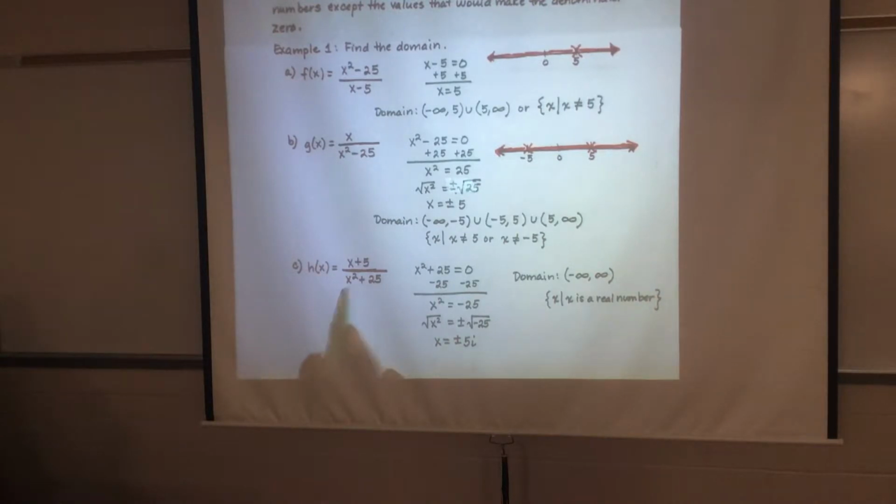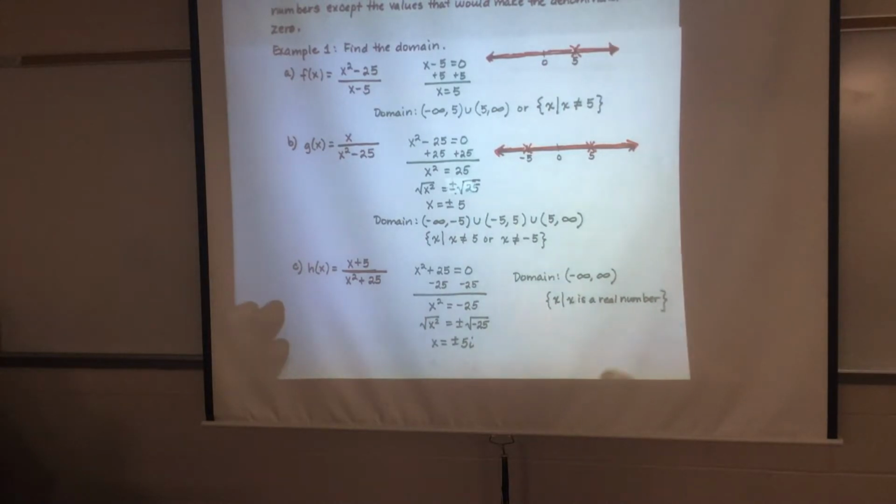Because with the x squared plus 25 in the denominator, your denominator will never be 0, because you're squaring it and you're adding 25 to it. So that's how we find the domain of any rational function. Okay? So this is kind of a review from another section where I talked about this concept.